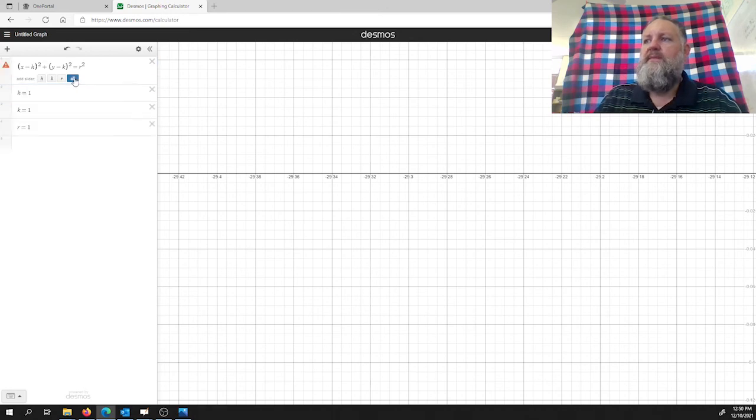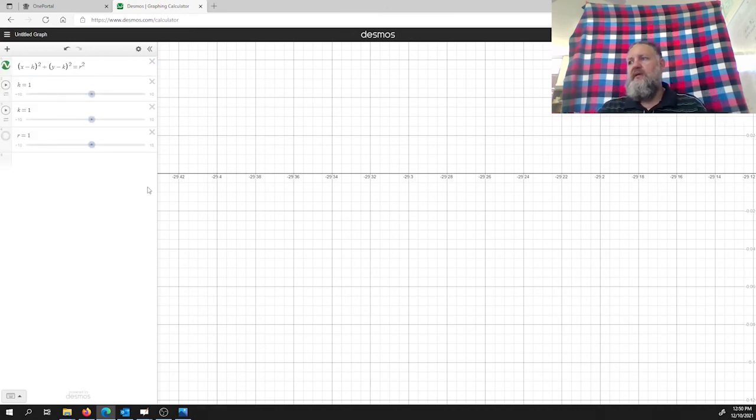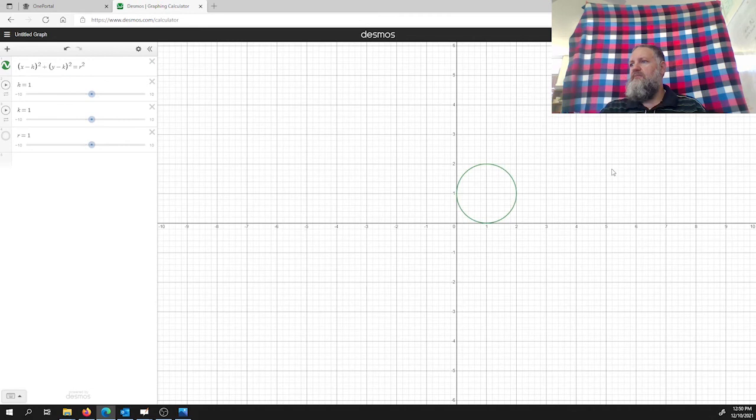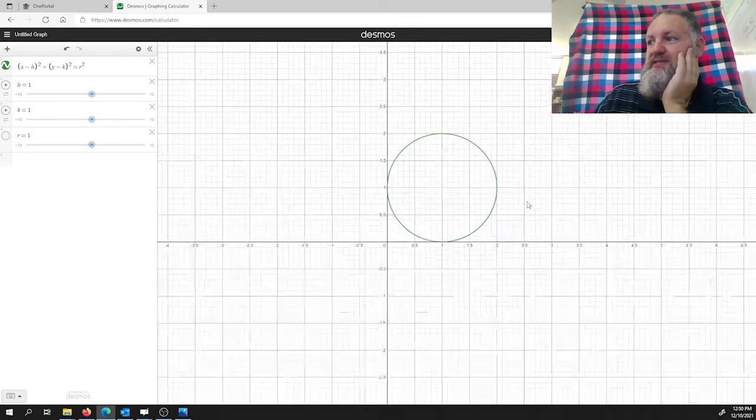All right, so if I have sliders for all of them, now I need to reset my viewpoint of Desmos here.